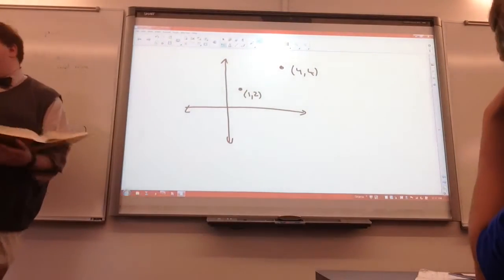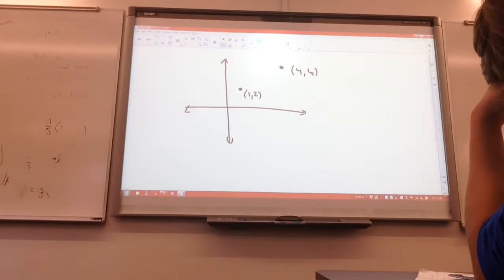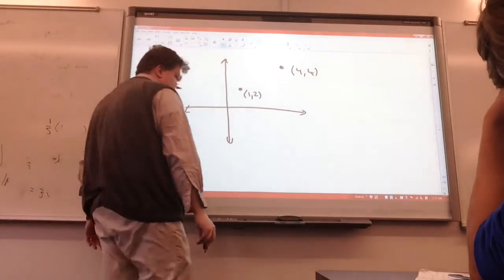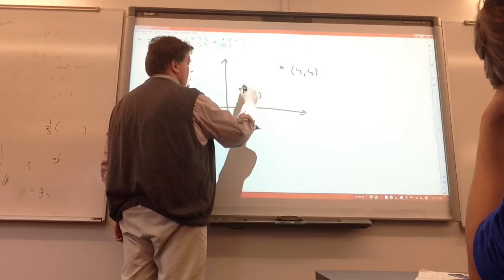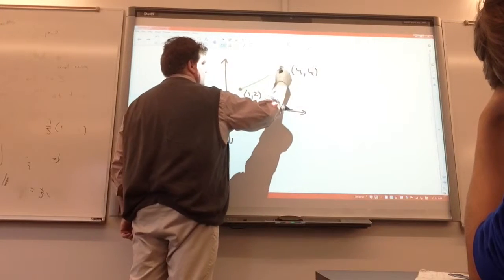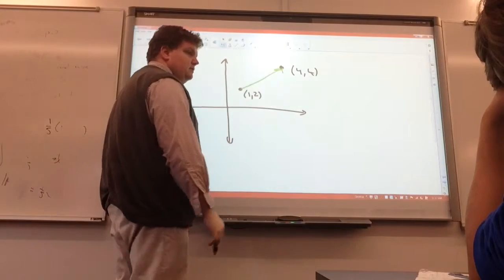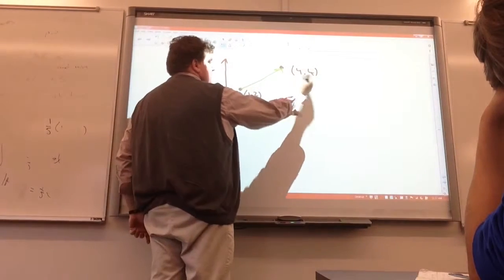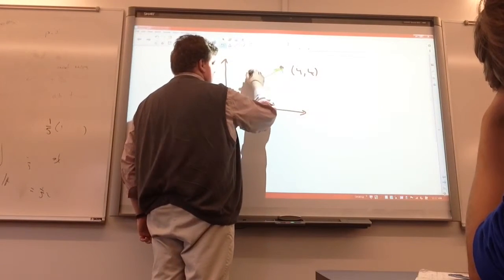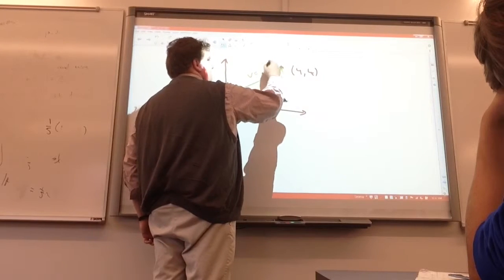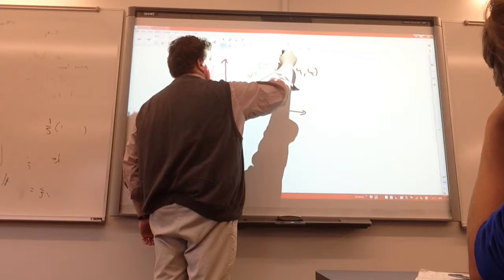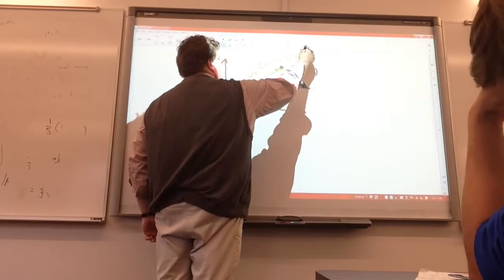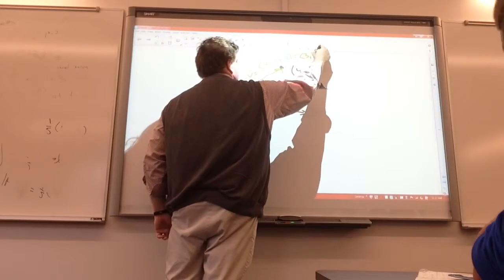So, a vector between these 2 points. There's actually 2 vectors between these 2 points. The first one is a vector going from 1, 2 to 4, 4. So it's a vector in that direction. This vector, we call it V, would be 4 minus 1, comma, 4 minus 2, or the vector 3, 2.